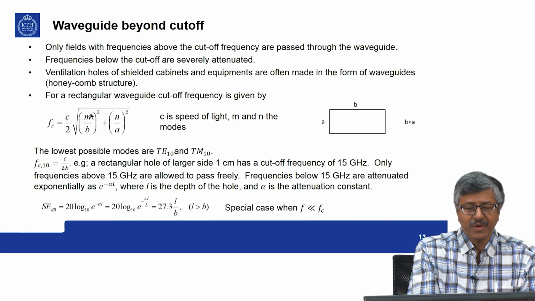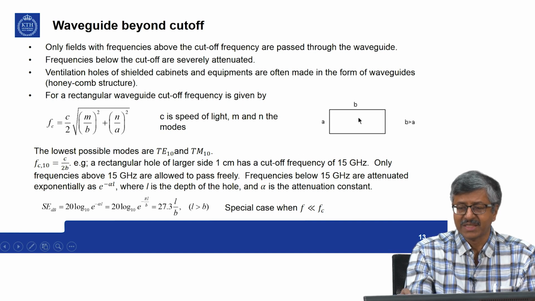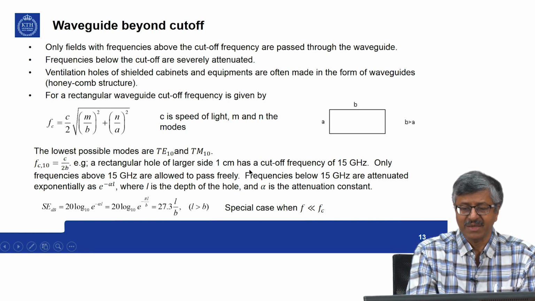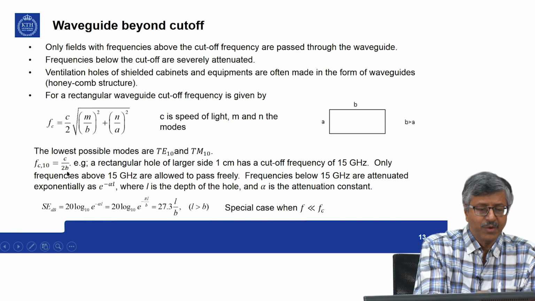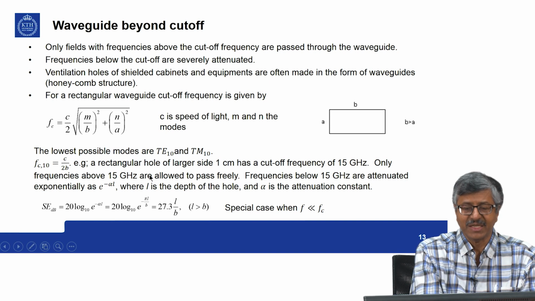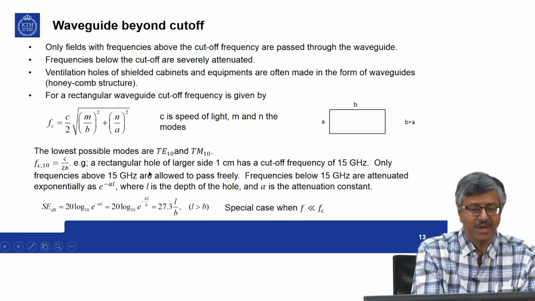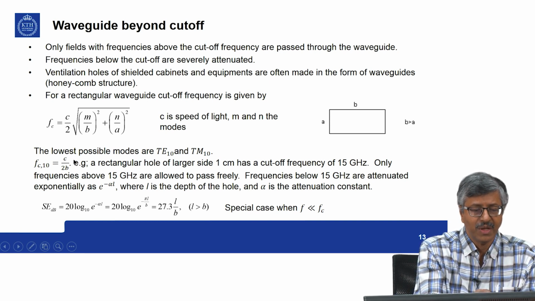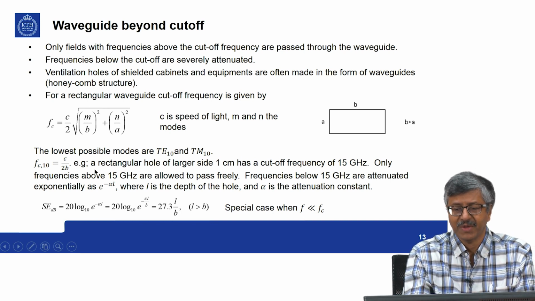Now, imagine a rectangular hole of larger side, that is b equal to 1 centimeter. So, if you put b here, then c by 2 is 1.5 into 10 to the power of 8 meters per second. So, b is 0.01 meter.